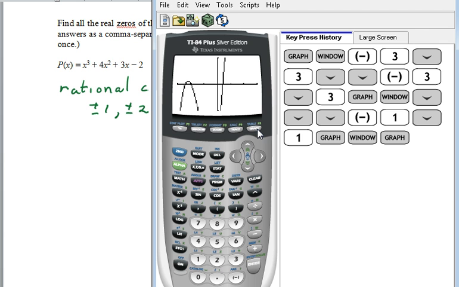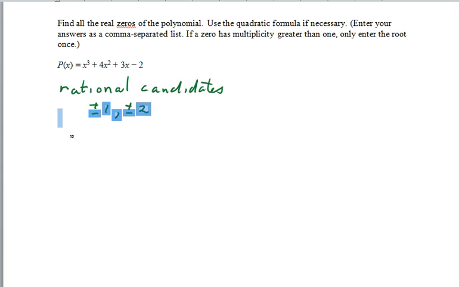And so it is appearing that there may be a rational zero at, I think, -2. Let's look at that again.